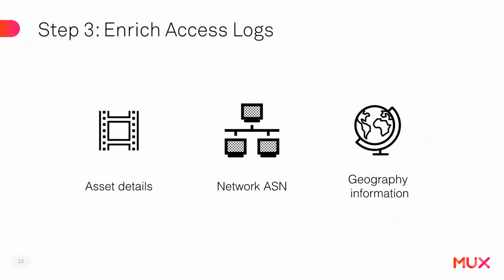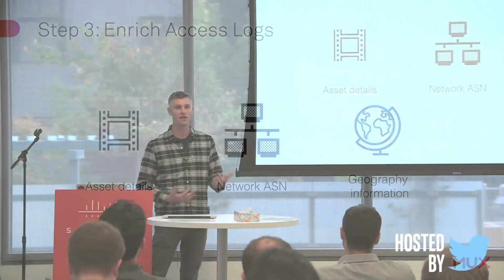So enrichment consists of adding asset details, network details, geographic information about the client that made each manifest or chunk request. Asset details that are particularly relevant to billing include the source video duration and the rendition settings. The rendition settings also include the chunk target duration. HTTP live streaming requires that each video chunk have a target duration, which varies depending on the use case.